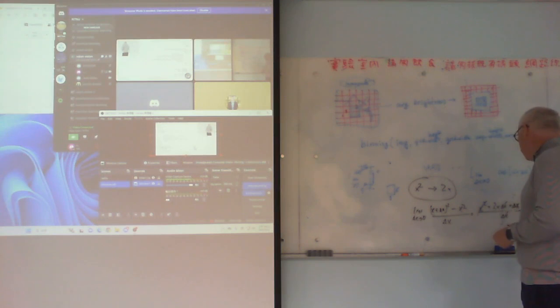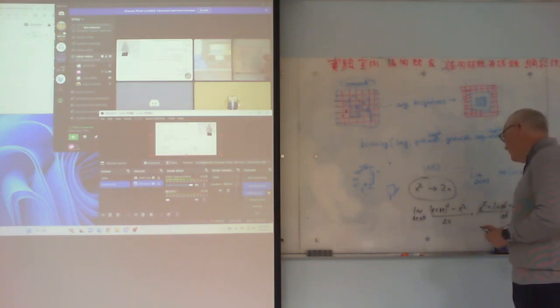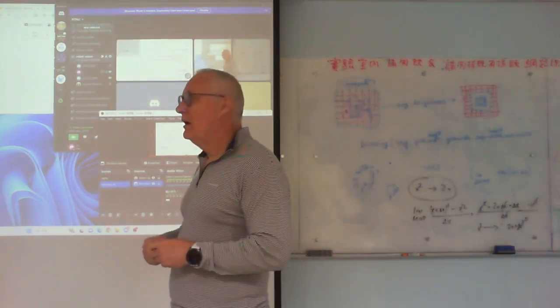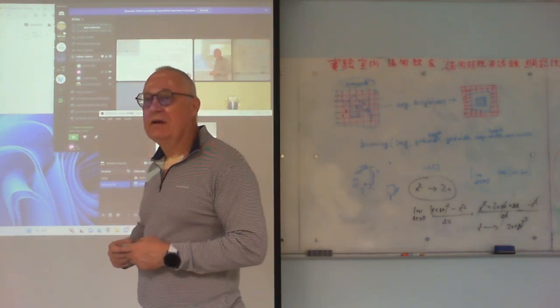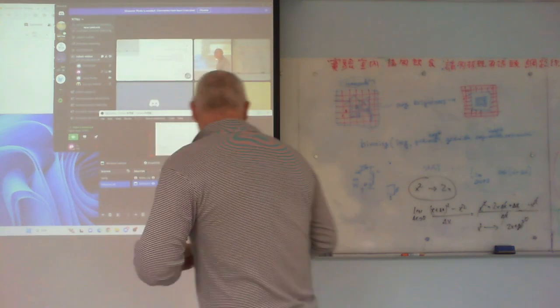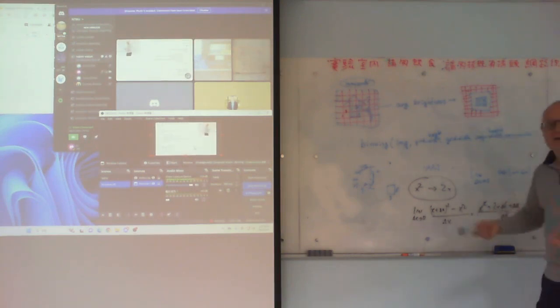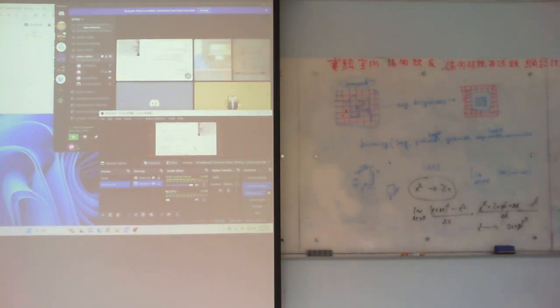So then we have 2x plus delta x, where delta x goes to 0, so we end up with the derivative of x squared being 2x. That's a correct proof. I think because you're only doing arithmetic manipulation, it's less intuitive, less insightful than this kind of analysis or graph.